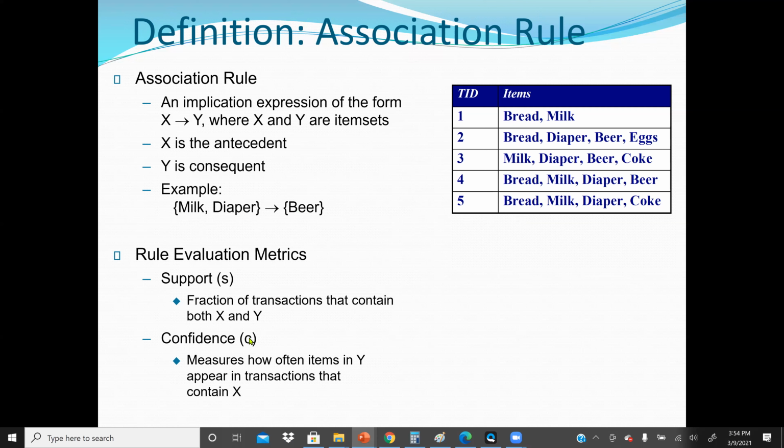Now, next is the confidence, which is very important too. Anytime we are evaluating rules, we need to find both the support and confidence. Confidence measures how often items in Y appear in a transaction that contains X. This means I look at my database for how many times milk, diaper, and beer appear, then divide by how many times only milk and diaper appear.